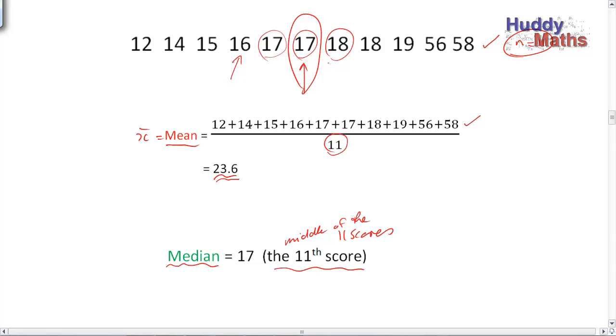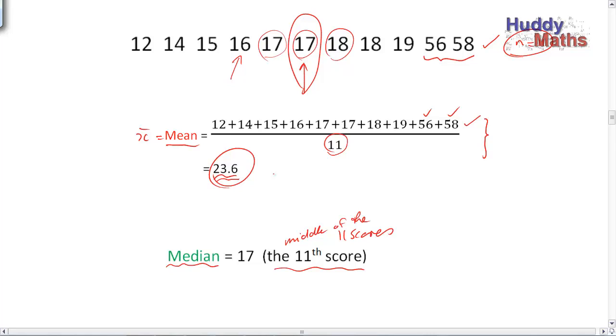Because really, these two dudes who are playing the game that many times a week are not on the average the same, are they? But when you add up their 56 and 58, even though there are only two of them, it makes the whole lot look bigger. So, get my example?